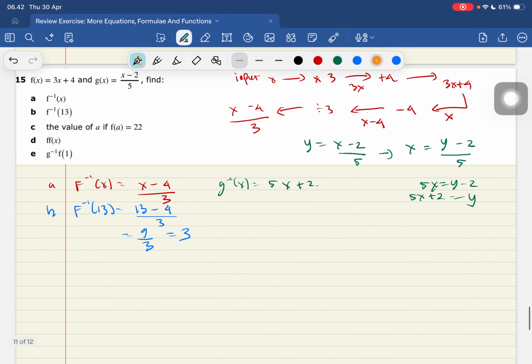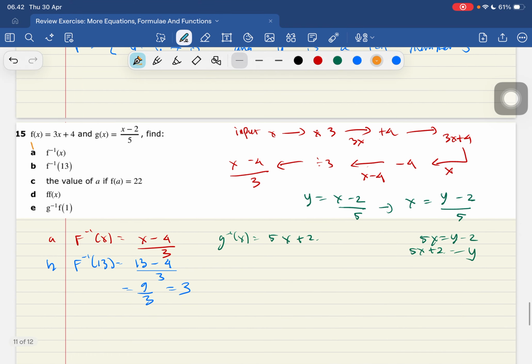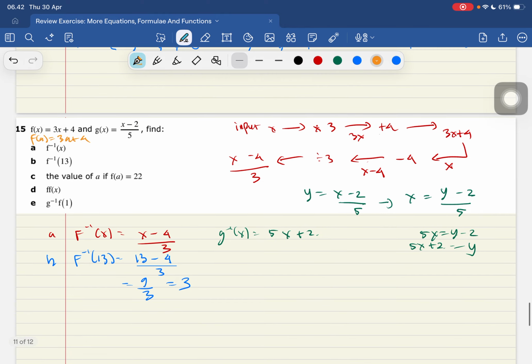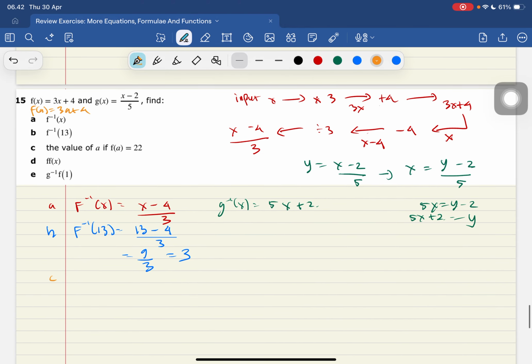Here, f of a is 3a plus 4. So C, f of a equal to 3a plus 4 equal to 22. We minus 4 from both sides, so 3a equal to 18. Divide by 3 on both sides. We got a equal to 18 divided by 3 equal to 6.